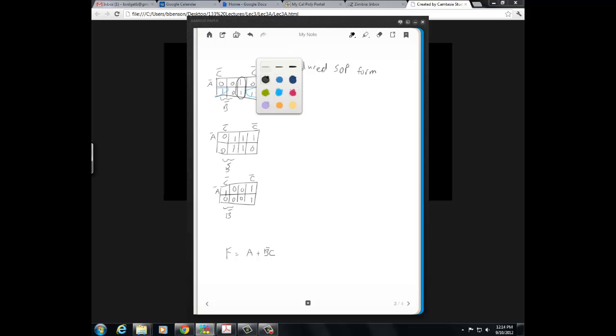Alright, so here the function is going to be f equals, this black grouping is in the C column, and it's also in the B column. Because as you can see, this group of 4 all share C together, and this group of 4 all share B. So these two are BC.